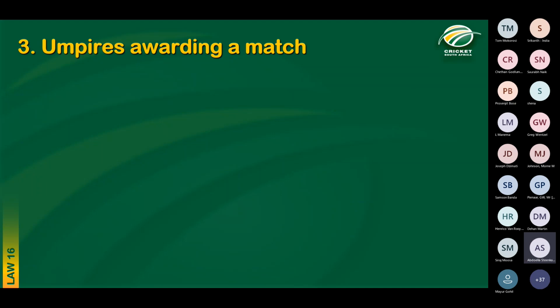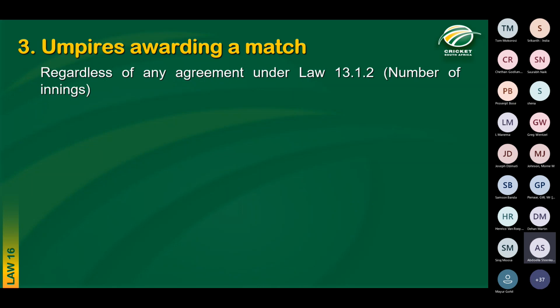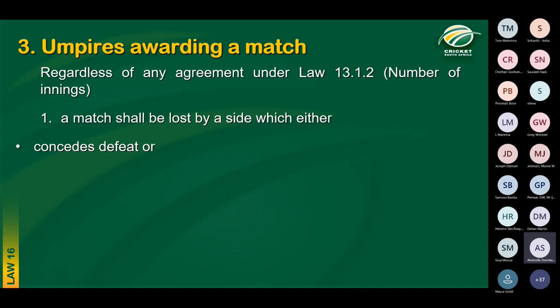Also, when it comes to the result, according to the law, the umpires can award a match to a particular side. So let's see what the law tells us when the umpire can do this.